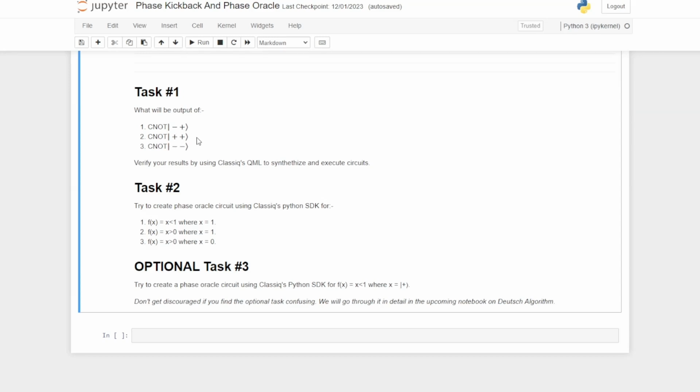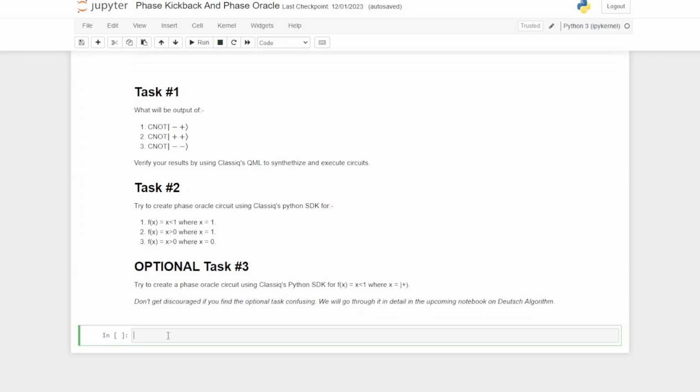For this one, the output will be plus plus because control is also plus and target is also plus. For the third one, since control is minus and target is minus, the phase of the target will come to the control, and minus minus will become plus, so its output will be plus minus, like this.